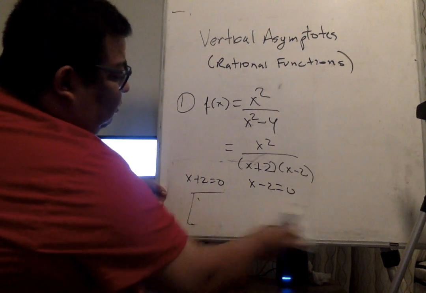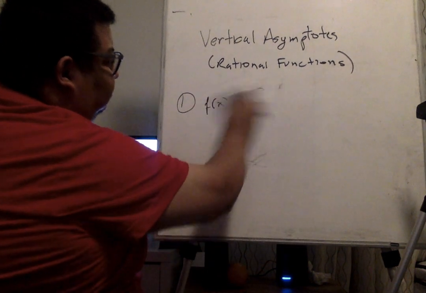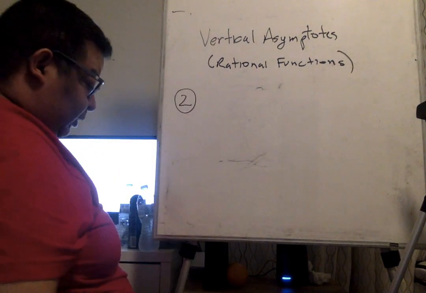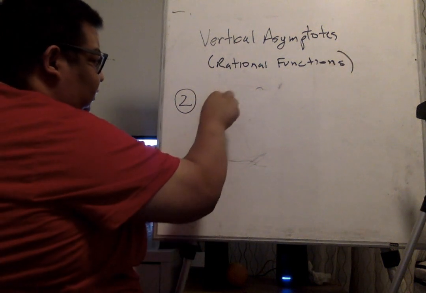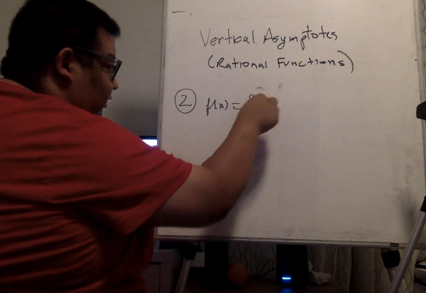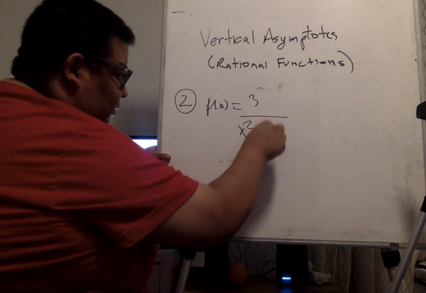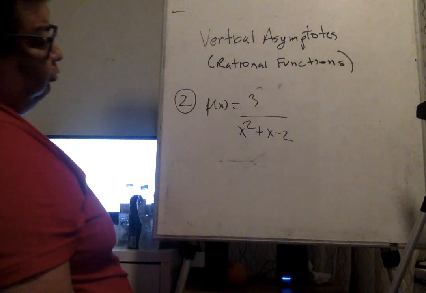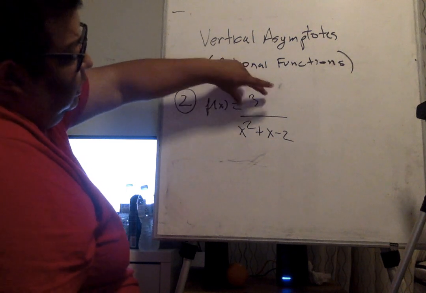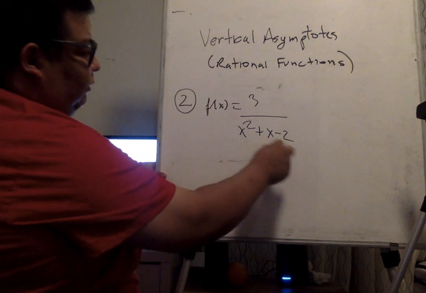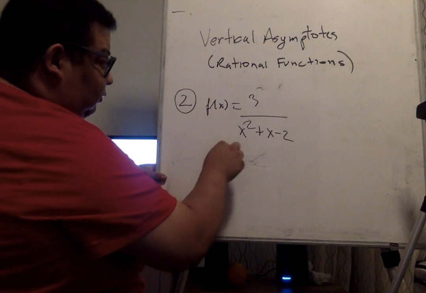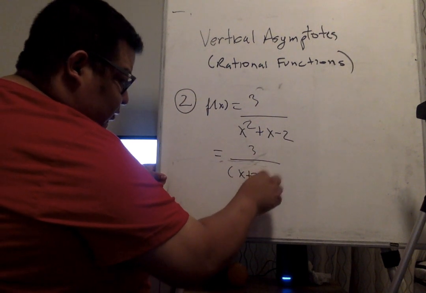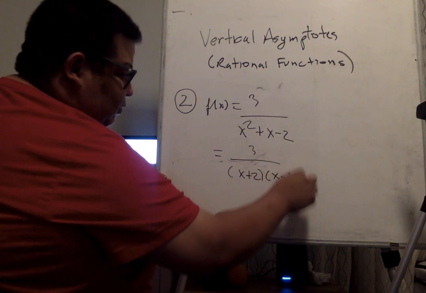Let's look at problem number 2. Problem number 2 says that f of x equals 3 over x squared plus x minus 2. Notice 3 cannot be factored, just leave it like that, but we can factor this one into 3 over x plus 2 times x minus 1.